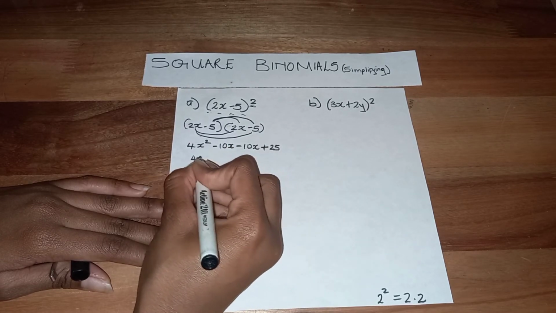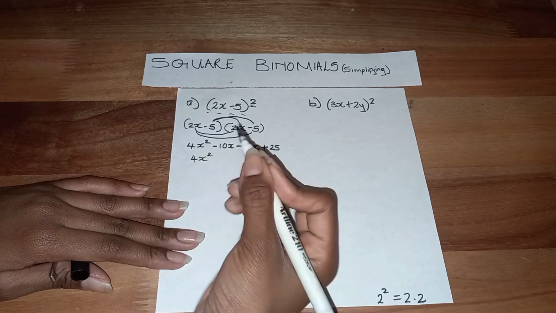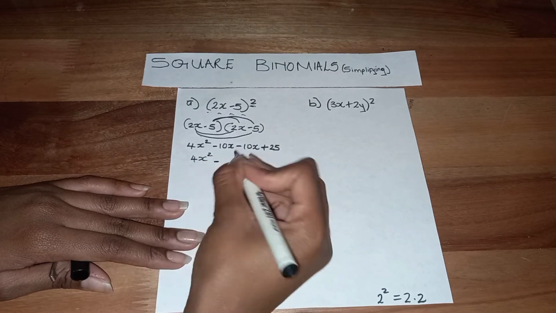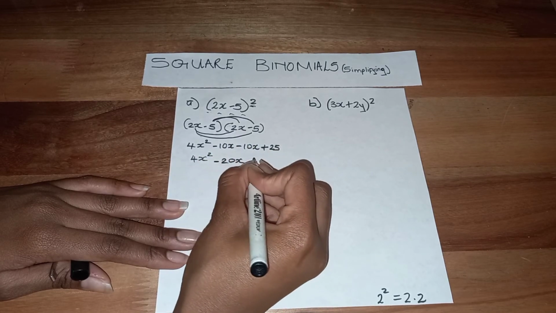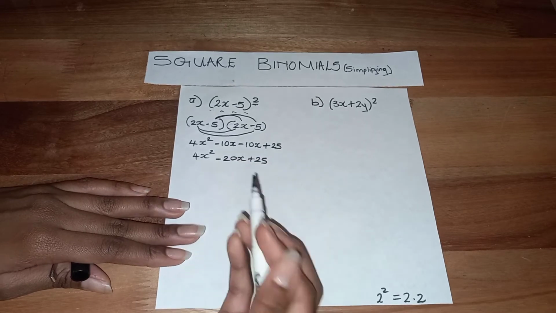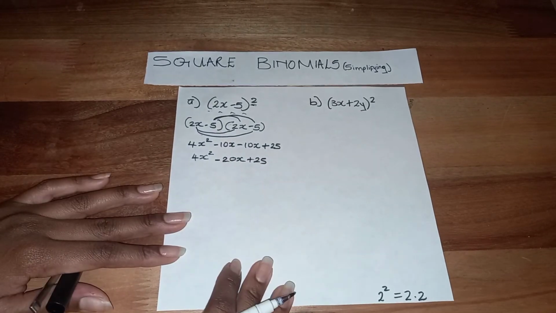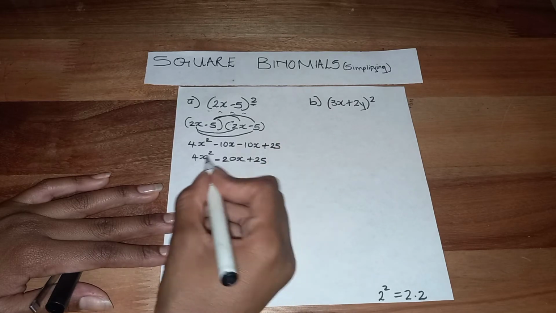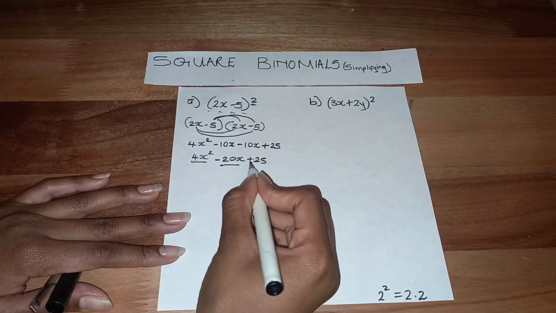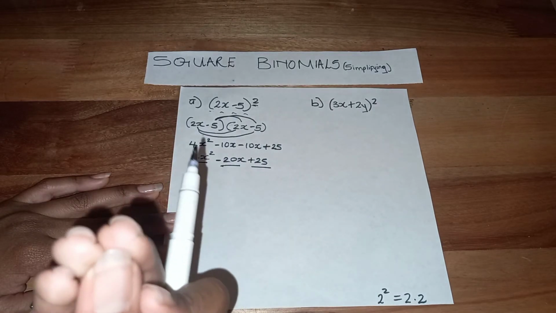So your final answer is 4x squared minus 20x plus 25.